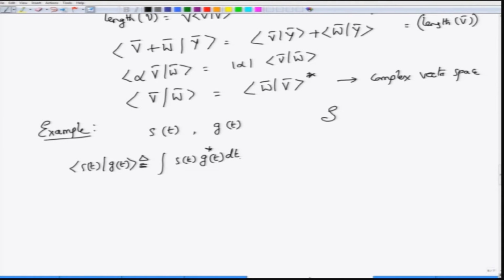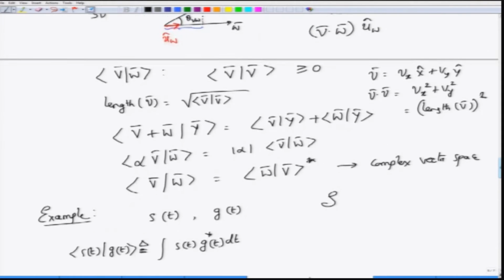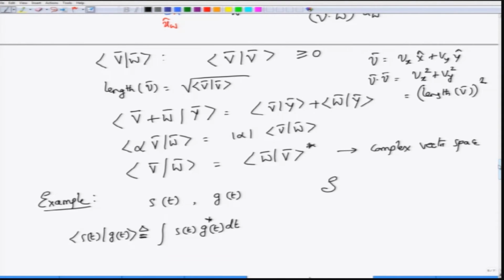If I define it this way, will I be able to satisfy all the rules of inner product? Certainly yes. If I interchange the order of g(t) and s(t), in place of g(t) getting complex conjugated, I will have s(t) getting complex conjugated, which will satisfy this last criterion for me, right. If I multiply s(t) by a number alpha, then alpha will go inside.